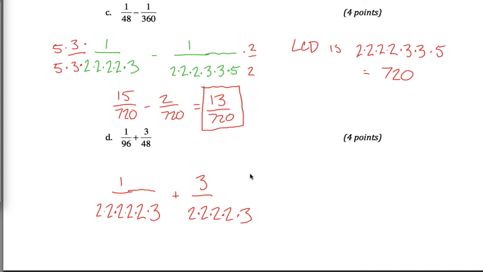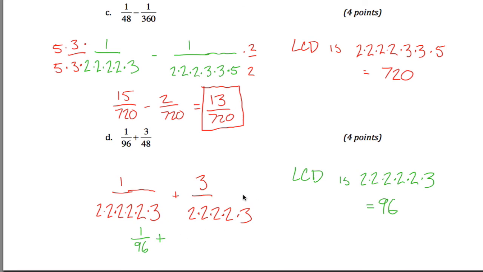So when I'm trying to find my least common denominator, I'll need 5 2's. So I have enough for this side, and 1 3. It's got enough for everything over here and everything over here. In fact, this number right here, this 96, is my least common denominator. So I don't have to do anything to this side.